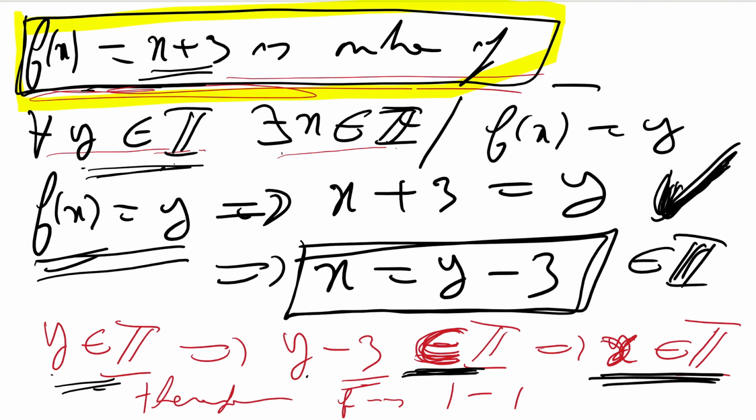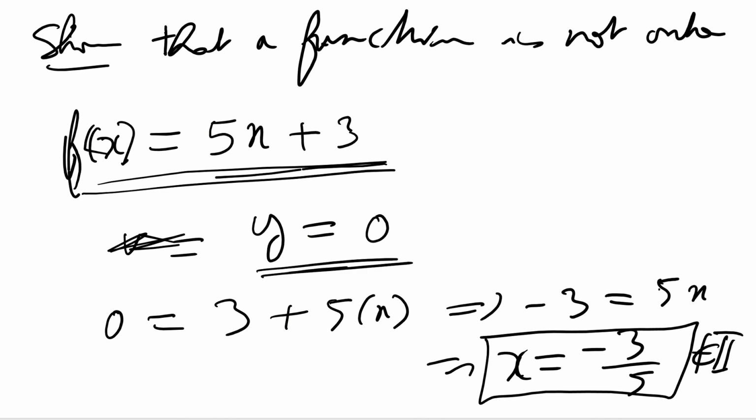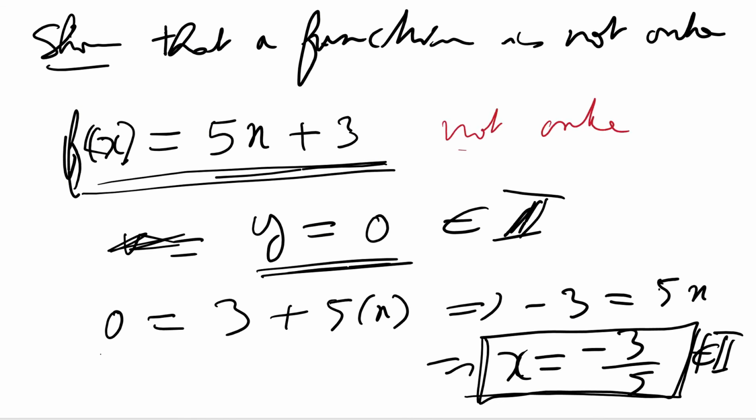But what we just realized is that for the same function, if you pick y equal to 0, y indeed is in the codomain, in the set of integers. But if you try to solve for x, you have 0 equal to 3 plus 5x. This implies negative 3 equal to 5x. This implies x equal to negative 3 over 5. And you can see that this is not an integer, so that concludes that this function is not onto.